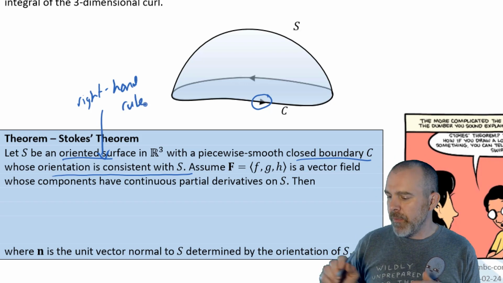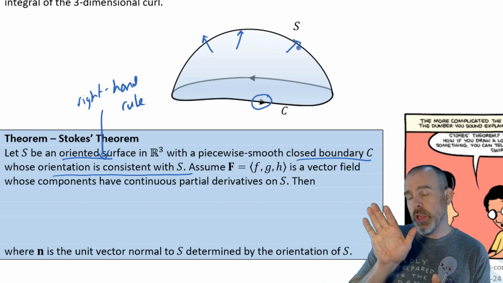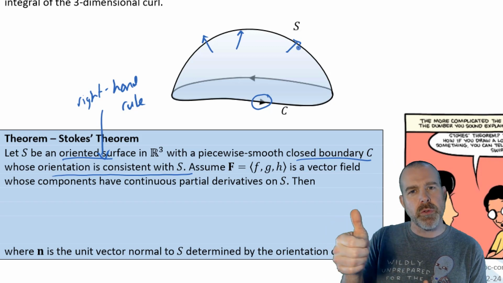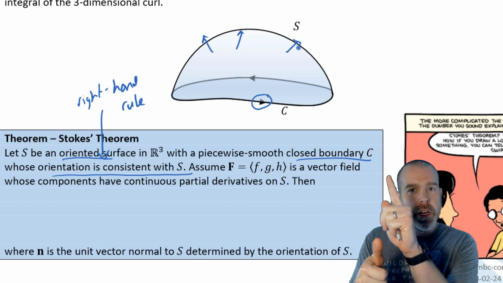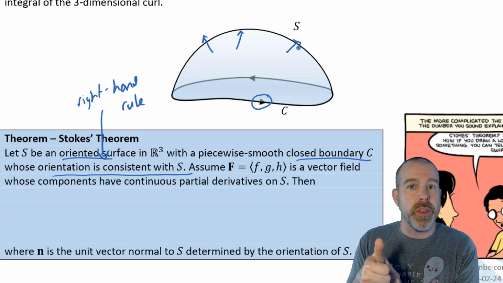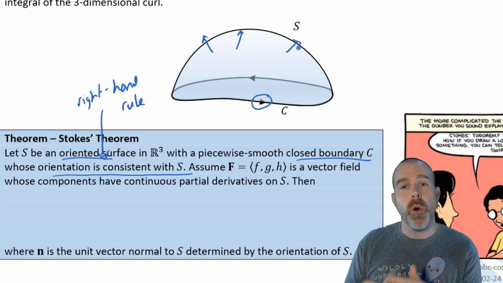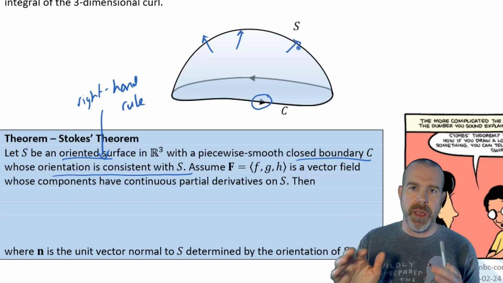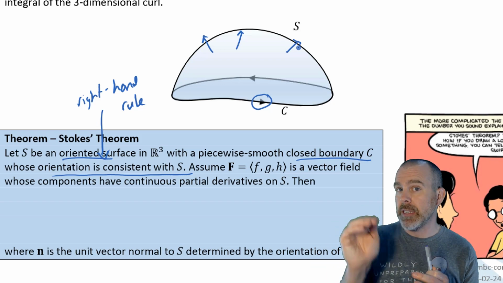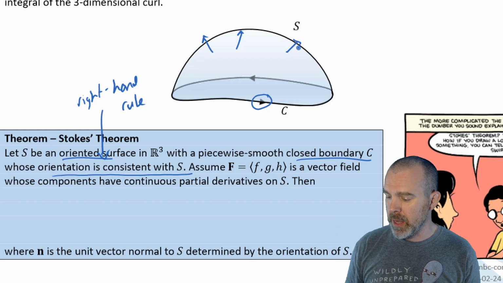For this particular visual that I have here, this one would have to be oriented outward, because if you follow the curve with your right-hand rule, the thumb points in the direction of the normal vectors to this particular surface. So it's oriented outward, and we use the right-hand rule to make sure that our curve matches that orientation. This is going to be relevant. We'll see this right away in the first example.